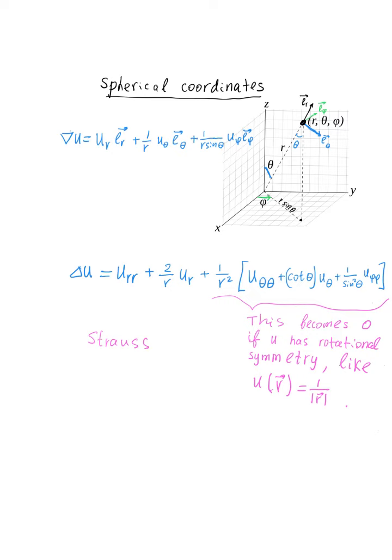For example, the potential function 1 divided by the distance from the origin. For this function, this entire complicated part becomes 0. So the Laplacian in this case is actually quite simple.